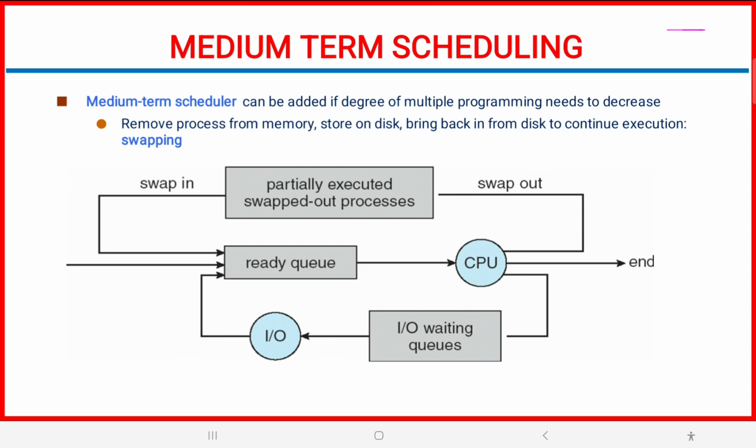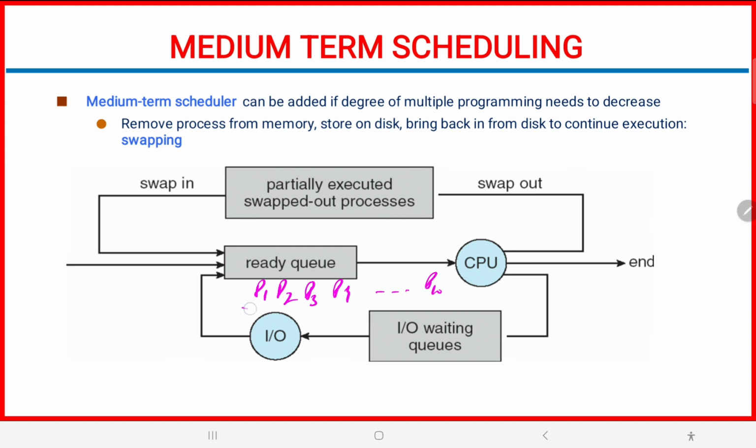So in this case, some processes which are in active contention for the CPU are removed from the main memory and are saved onto the disk. What I'm trying to say here is, let's suppose that as of now there were 10 processes in the ready queue.